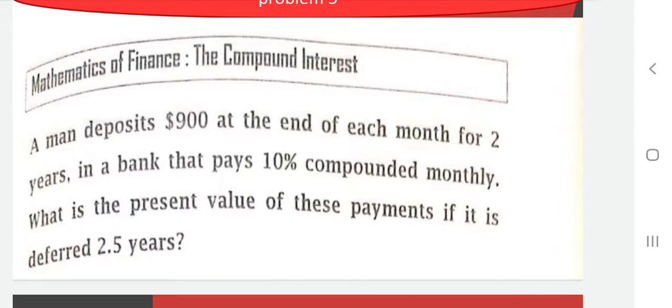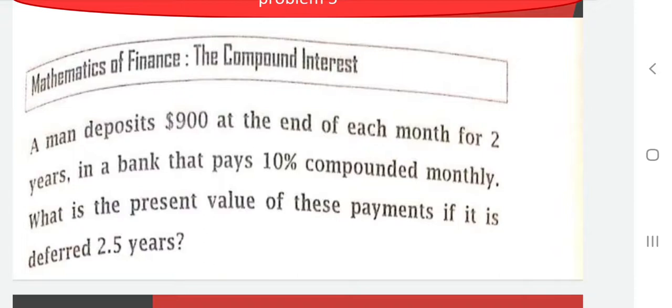A man deposits $900 at the end of each month for 2 years in a bank that pays 10% compounded monthly. What is the present value of this payment if it's deferred 2.5 years? In this example, R will be equal to 900 at the end of each month, so it is ordinary, for 2 years, so the total annuities will be equal to 2 times 12 equals 24.